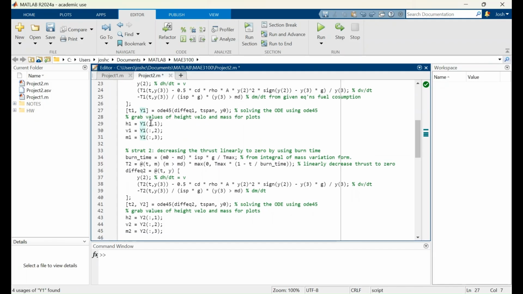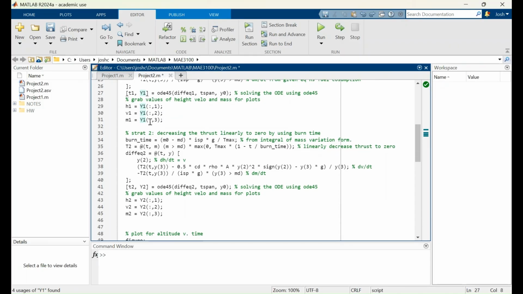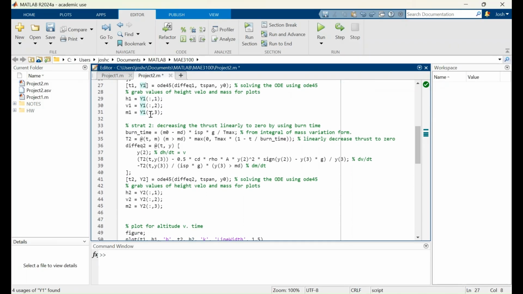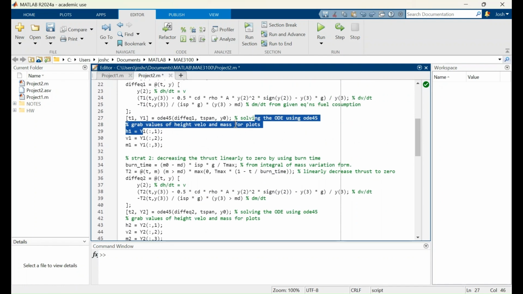And this Y1 here is sort of like a state. So we grab our H1, V1, and M1, our new height, velocity, and mass, from this state array. And it's four plots.